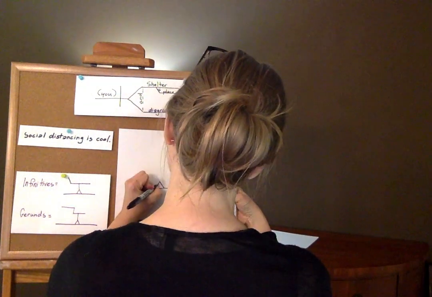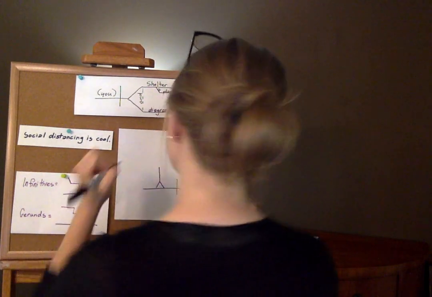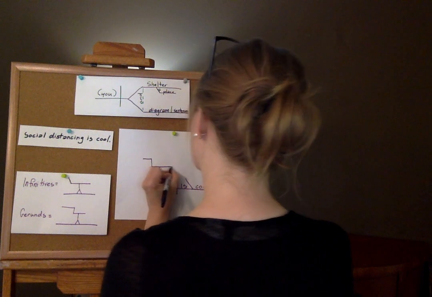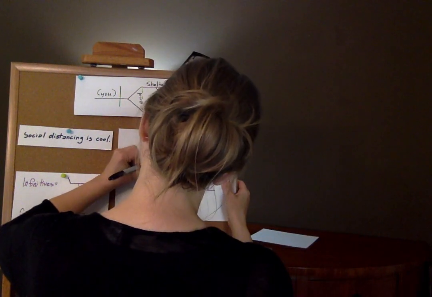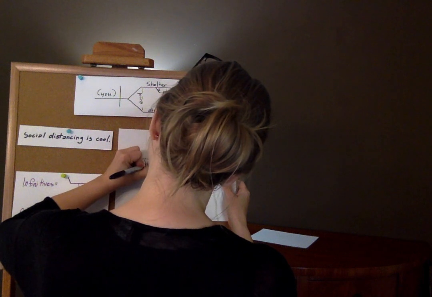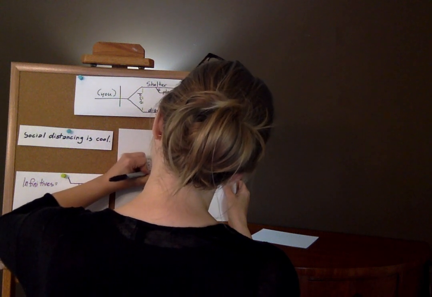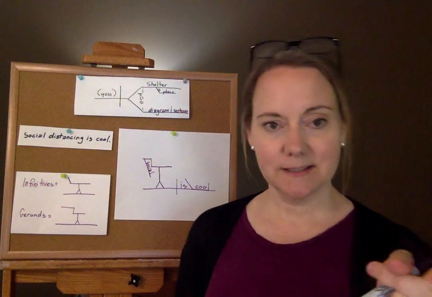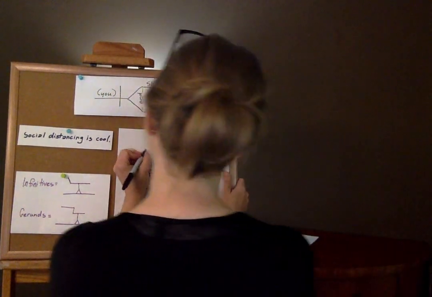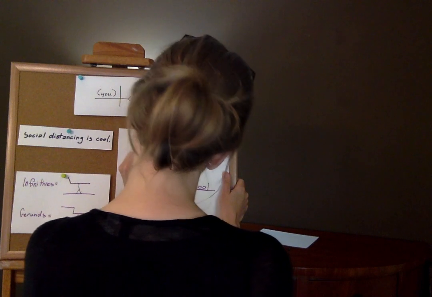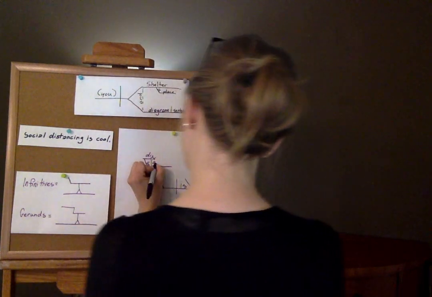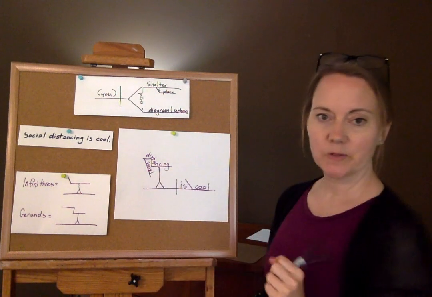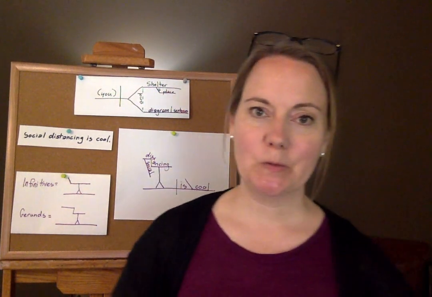But anyway, let's see what it looks like on the diagram. We're going to put it up on stilts. And then we make our stair. Social is an adjective that I'm going to capitalize since it's the first word of the sentence. And then distancing is going to spill from one line to the other. Social distancing is cool.